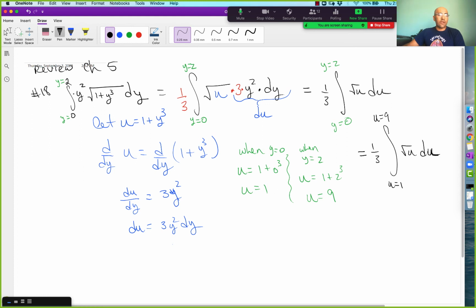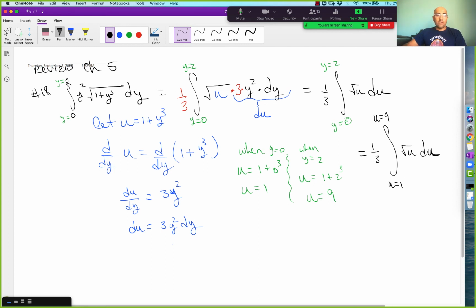The limits of integration were in terms of y. The functions were in y. We had dy. Everything was y. And then we were able to do a substitution with u and replace a u part of it. We found its du part, and we changed the limits of integration. So now we have a brand new statement that's going to give us the same answer.